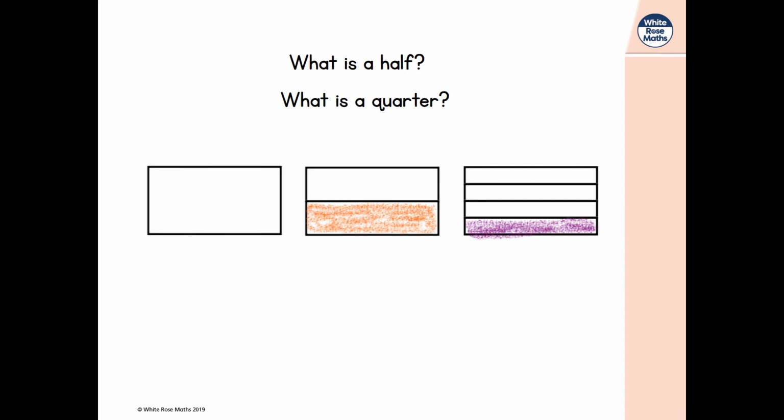The purple is a quarter of the rectangle. Again, what's the same? What's different? And maybe you even drew lines in a different way on the rectangle. That doesn't mean you're wrong. It just means as long as you have 4 equal pieces with one of them colored in, you're showing a quarter.